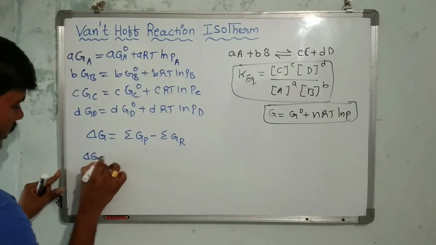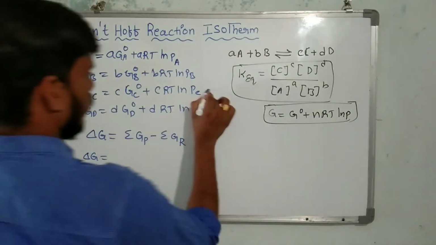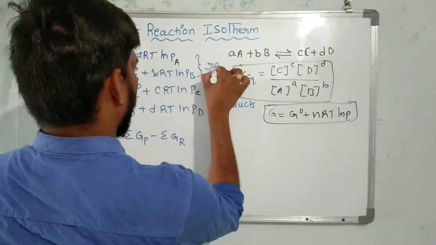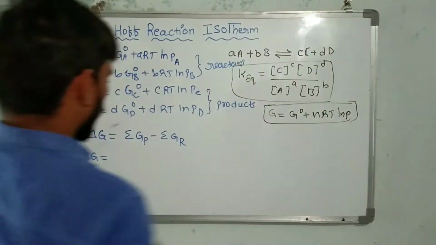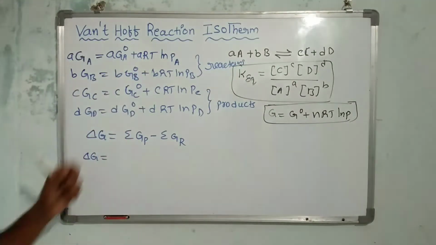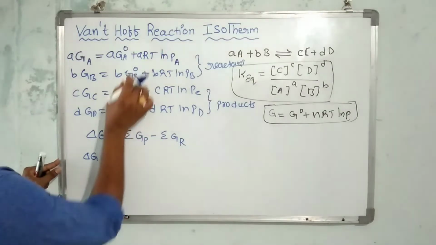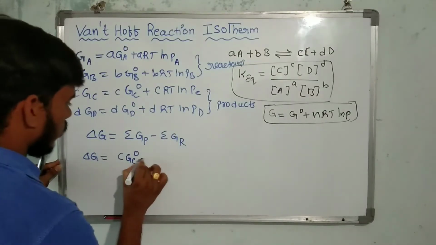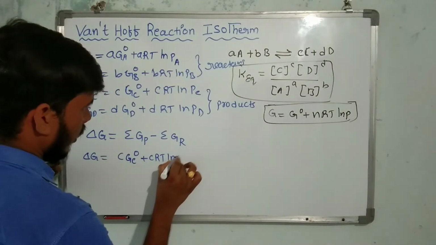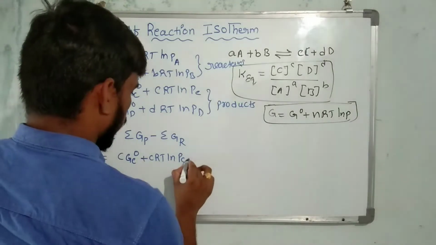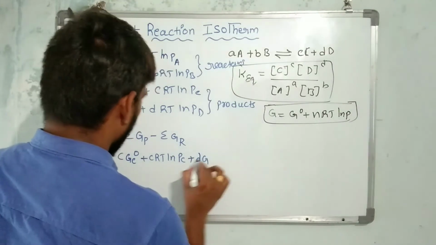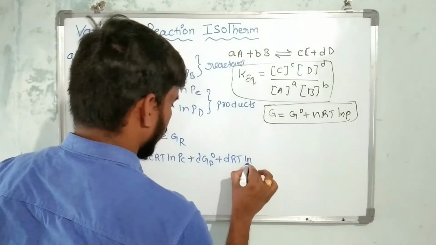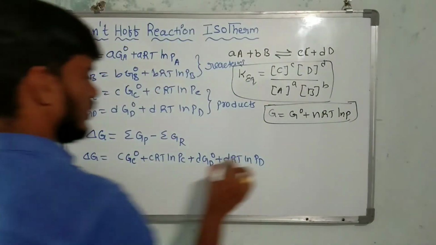The products are C times G_C naught plus C RT ln P_C, plus D times G_D naught plus D RT ln P_D.